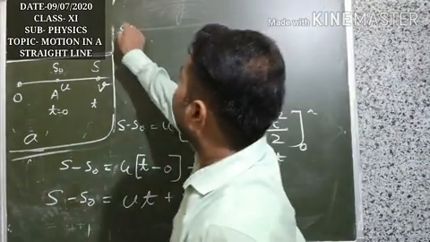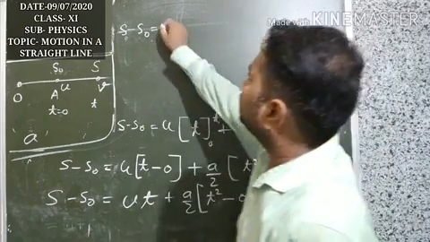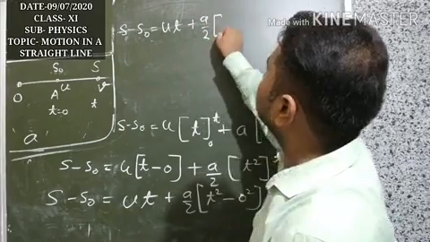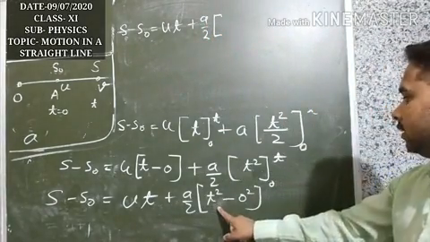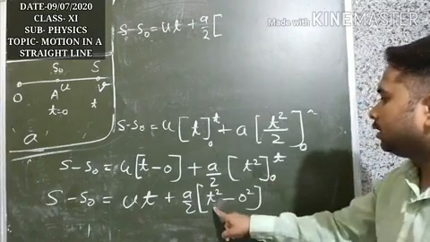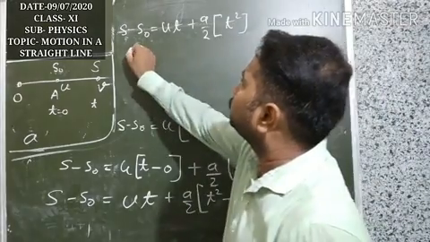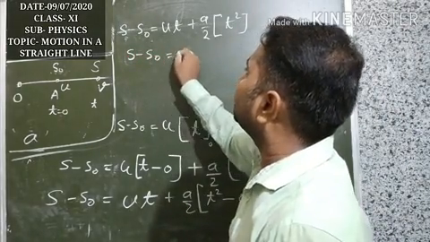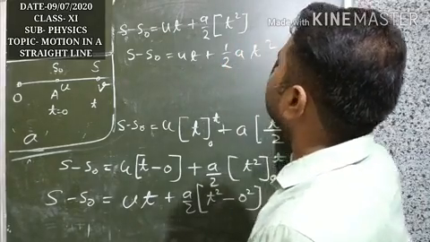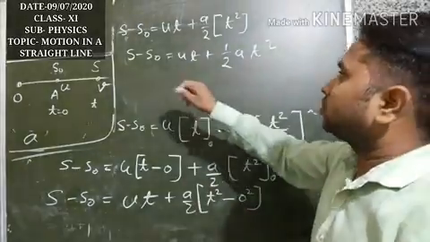Finally s minus s0 is equal to ut plus a by 2, here 0 was there, t square only. So finally s minus s0 equals ut plus half a t square. This is the second equation of motion.